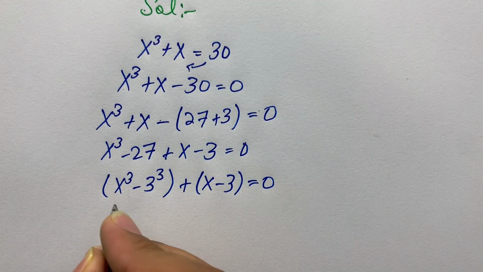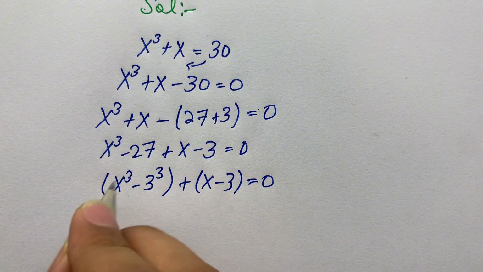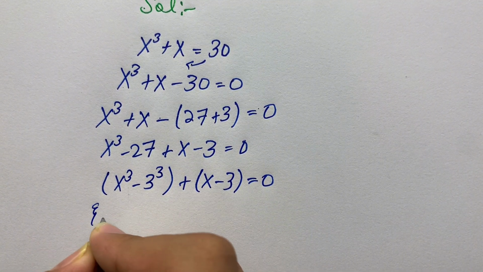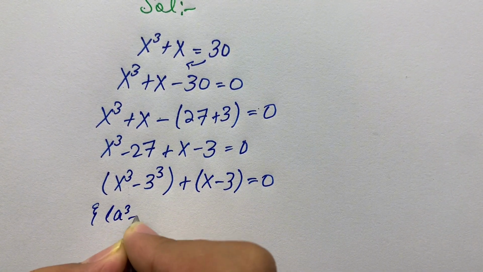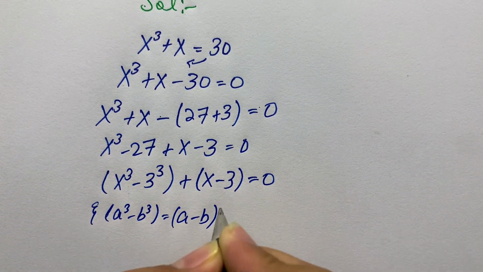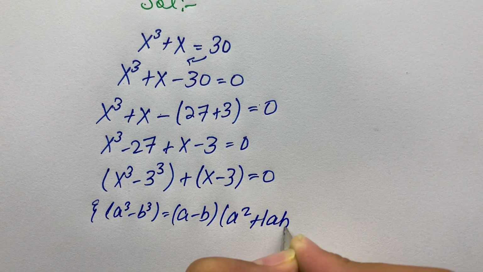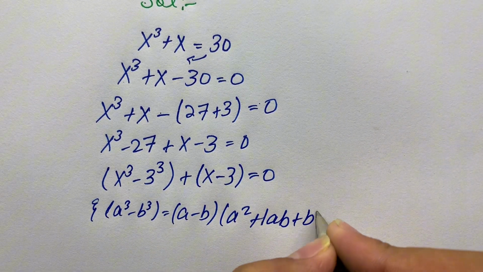In the next step, for this x cubed minus 3 cubed, we use the formula a cubed minus b cubed is equal to a minus b into a squared plus ab plus b squared.